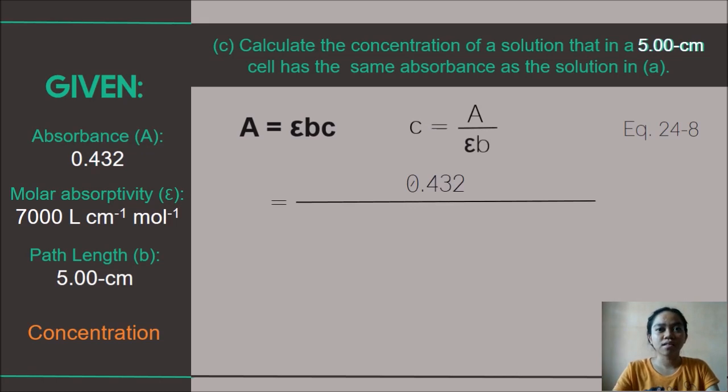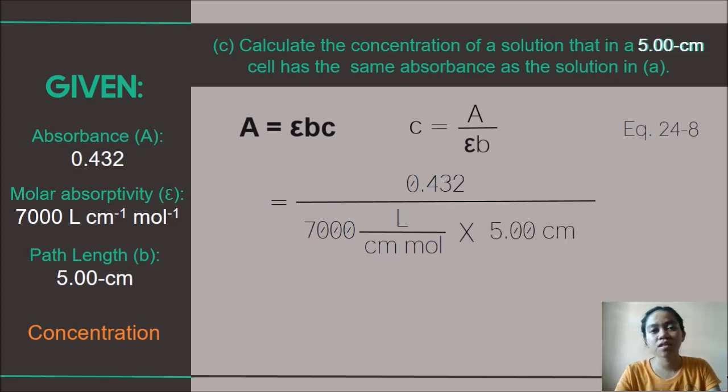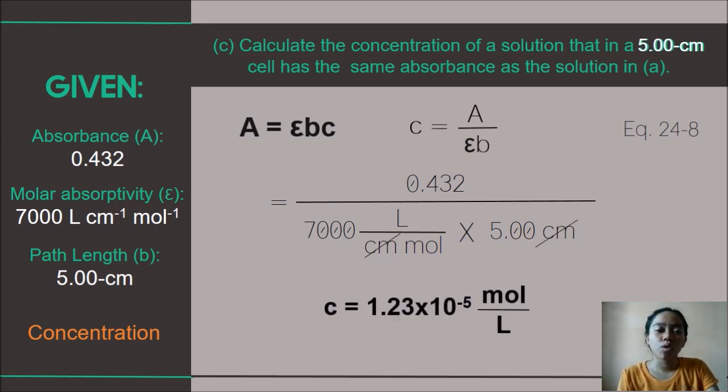A is 0.432 divided by the molar absorptivity, which is 7,000, multiplied by our new path length, which is 5 centimeters. Then the concentration of this solution will be 1.23 times 10 to the negative 5 moles per liter. That is our answer for letter C.